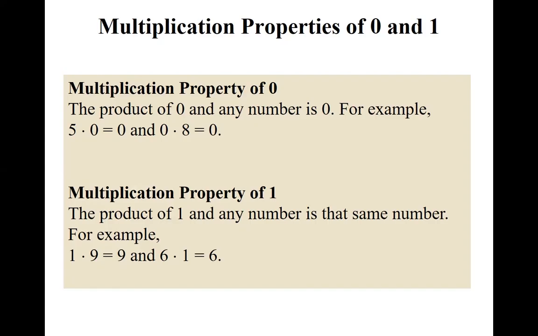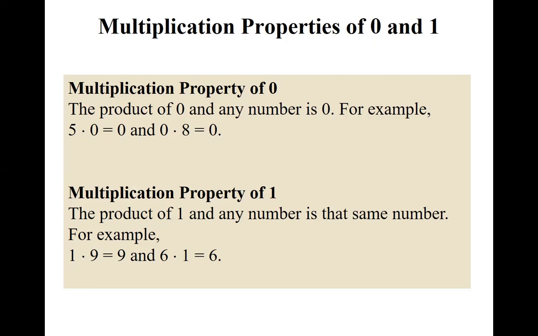And we see that here in these multiplication properties of 0 and 1. So 0 was special with addition because anything plus 0 is itself. Both 0 and 1 are special in multiplication. 0 is special because the product of any number and 0 is 0.